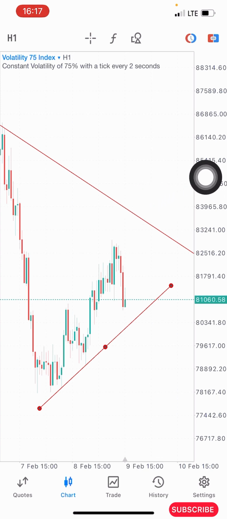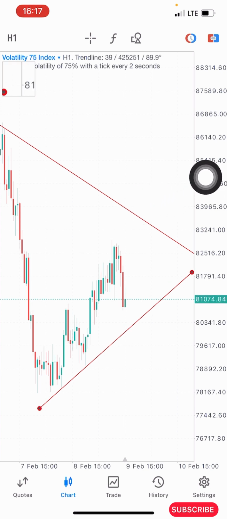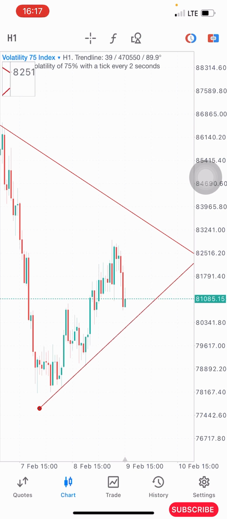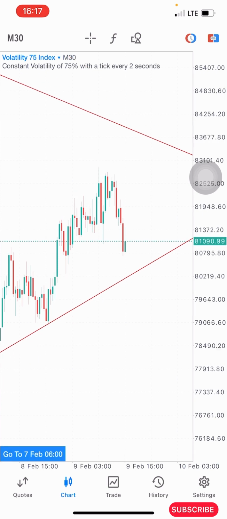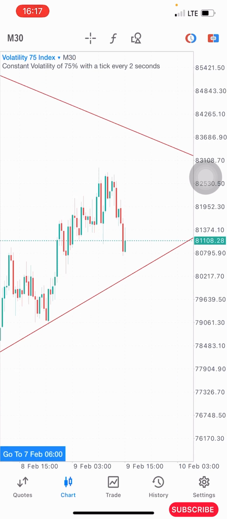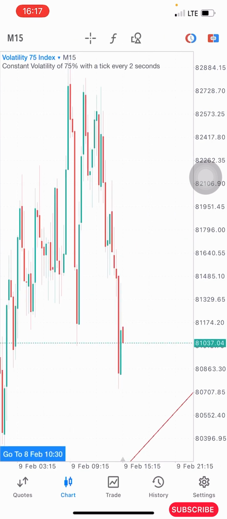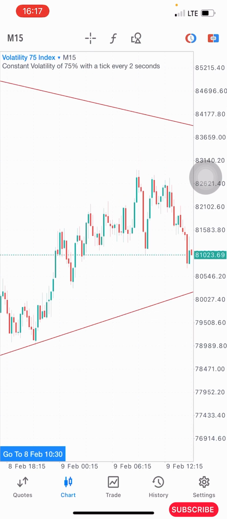I'm going to mark this here on the 1 hour time frame, and then I will step down to the 30-minute time frame in order to draw closer to price. Here on the 30-minute time frame, this is what I'm seeing. So I'll step down to 15-minute again in order to have a better view of what the market is doing.